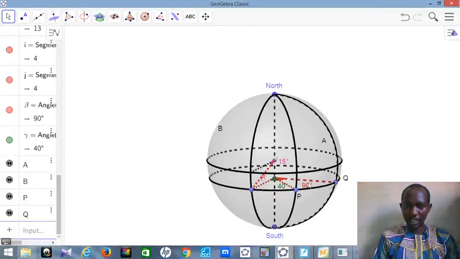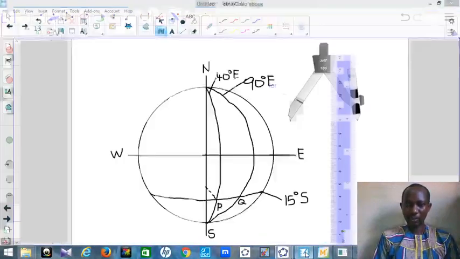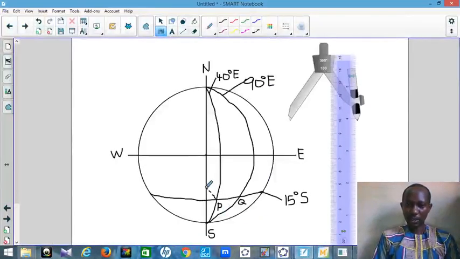So all we are doing here is 90 minus 40 will give us this remaining angle. Please pay attention and follow very, very well. That's why you can see I put my center here, not here. Take note, please. Then you come like this. So this is the angle we need, this short angle. This is the angle we are looking for.